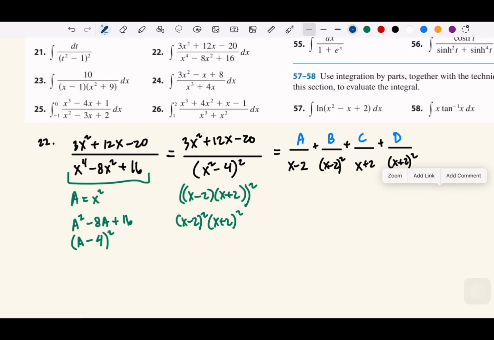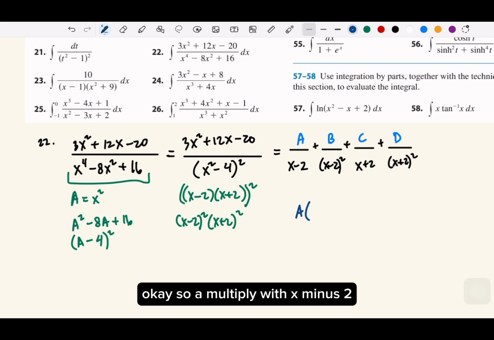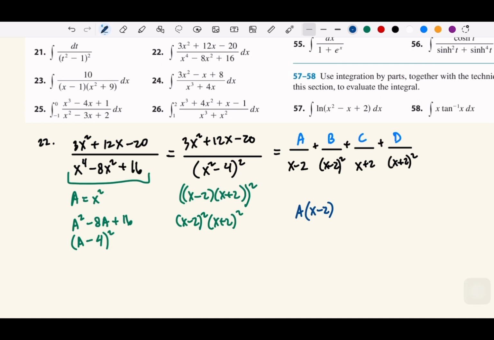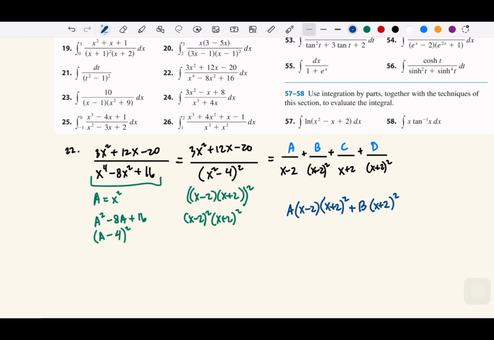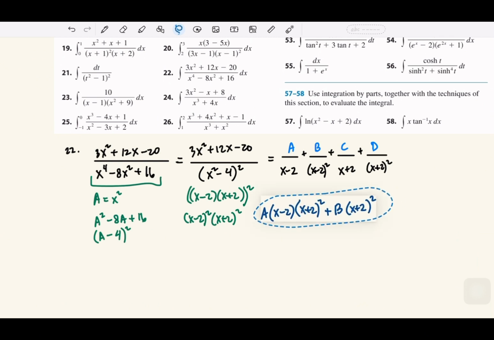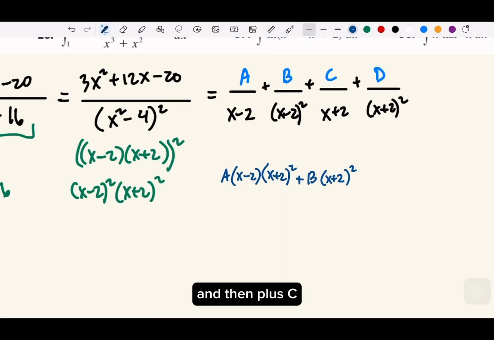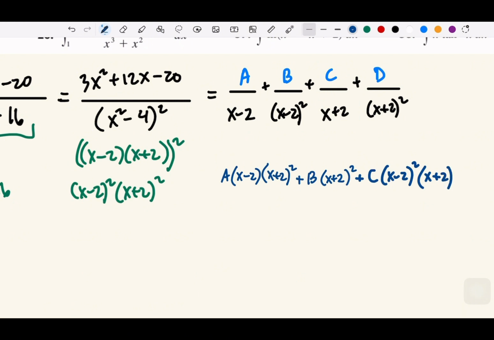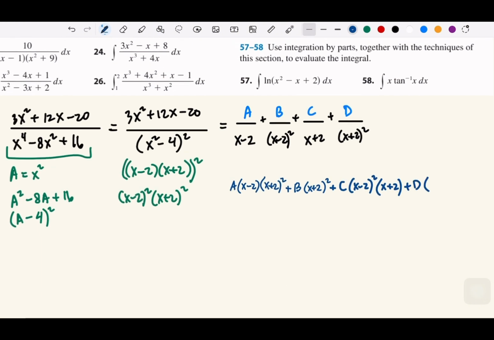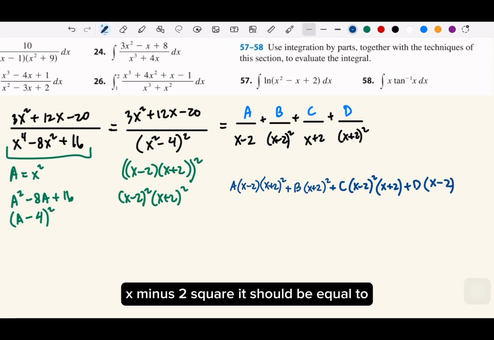So A multiplied with x minus 2, and plus B, and then plus C x minus 2 squared and x plus 2, and plus D x minus 2 squared.